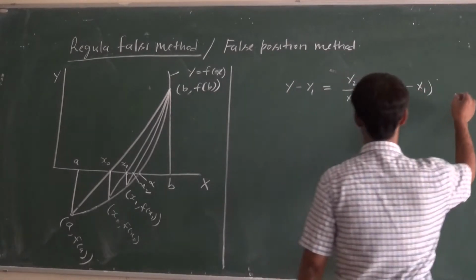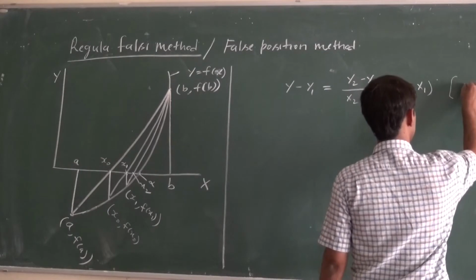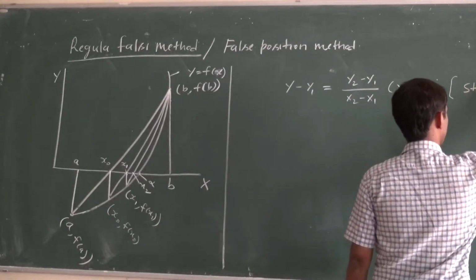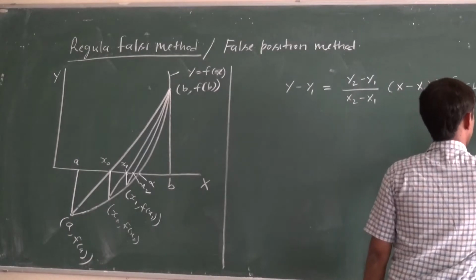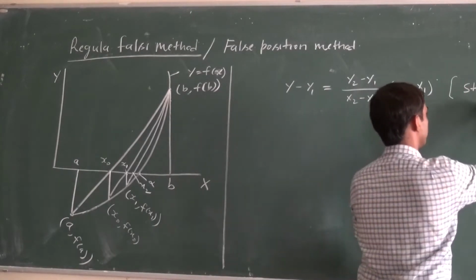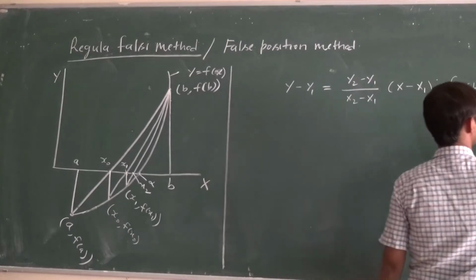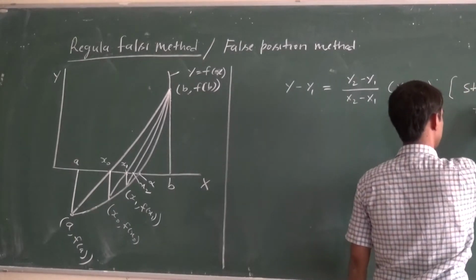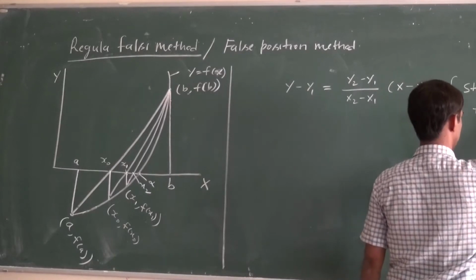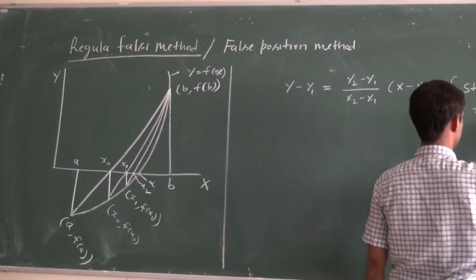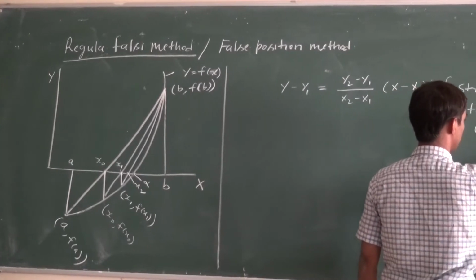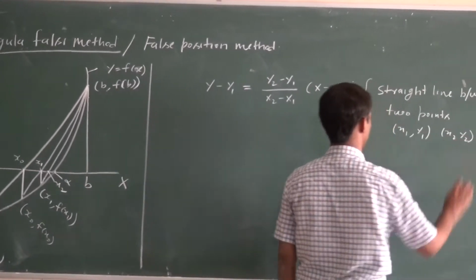This is the equation of a straight line between 2 points, and obviously the points are (x1, y1) and (x2, y2).